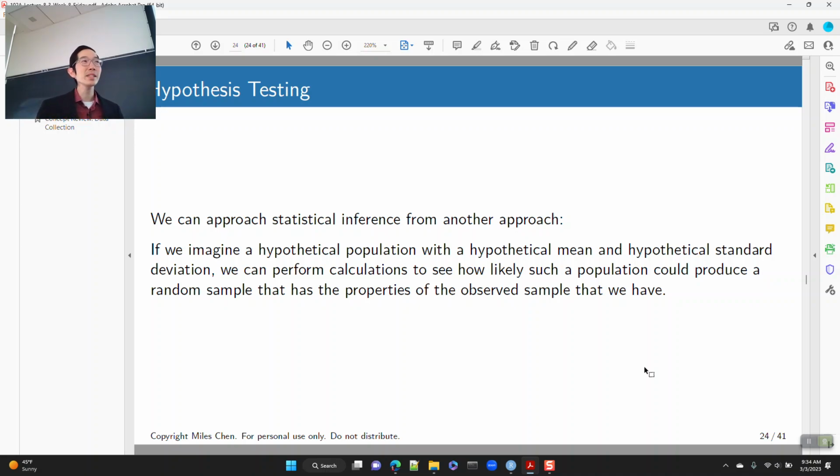You have different theories about stuff, and we say, okay, does the data I have align with the hypotheses or not?